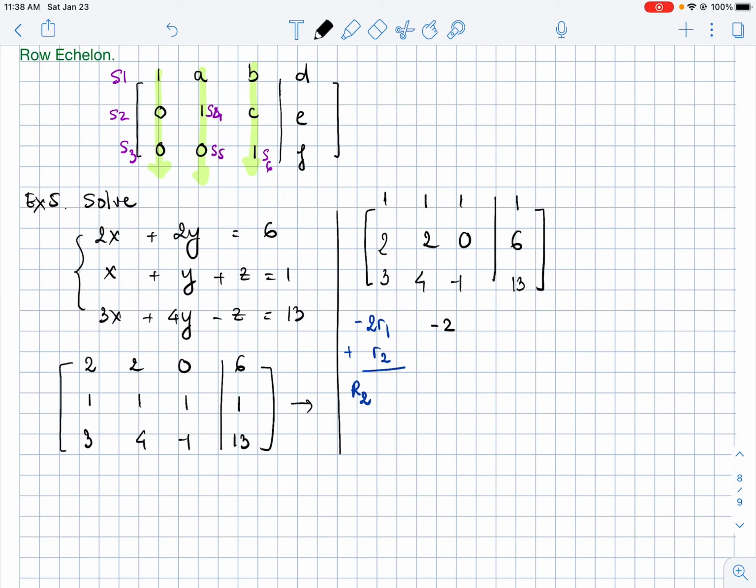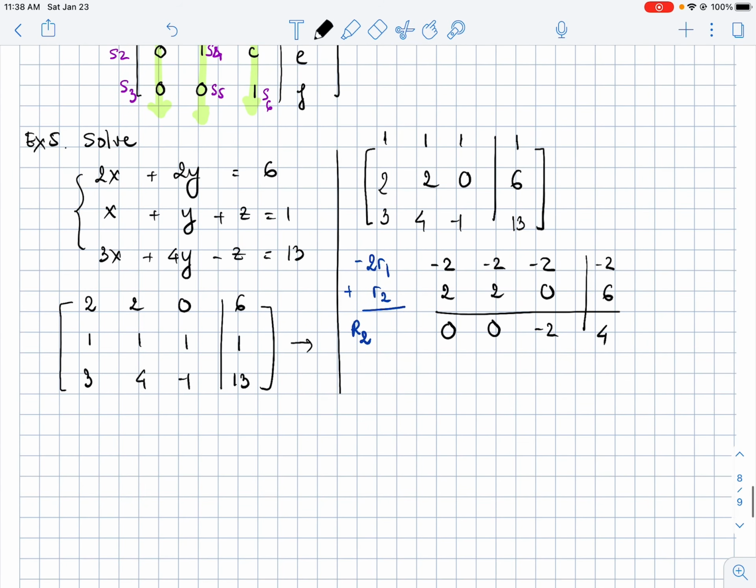Multiplied by negative 2, you will have negative 2, negative 2, negative 2, and negative 2. And at row 2 we have 2, 2, 0, 6. Then we get 0, what we want, 0 right here also, negative 2, and 4.